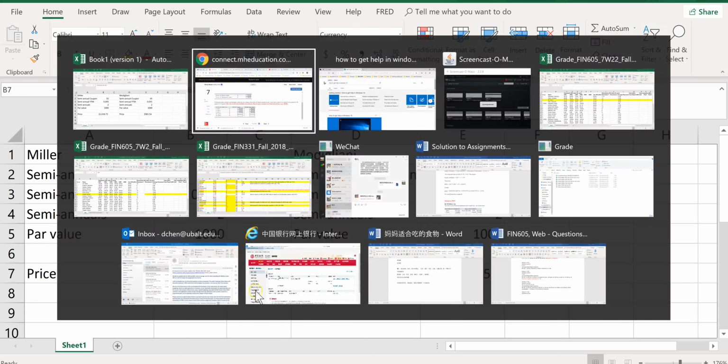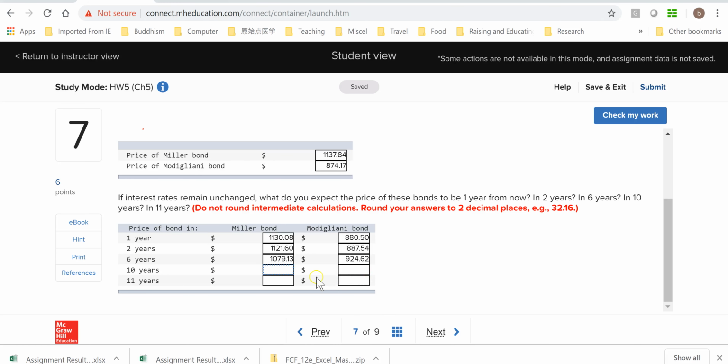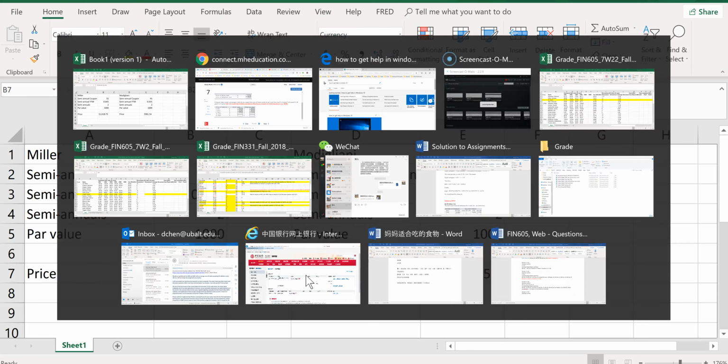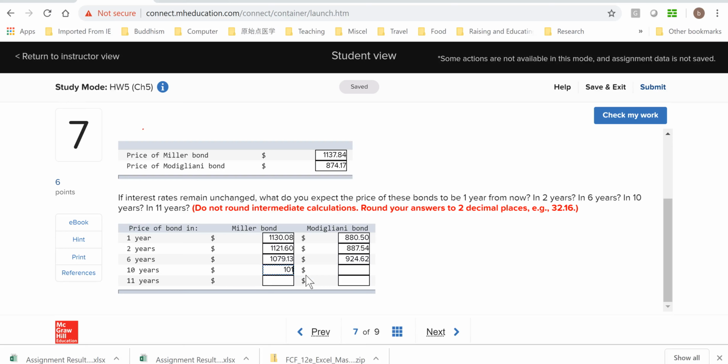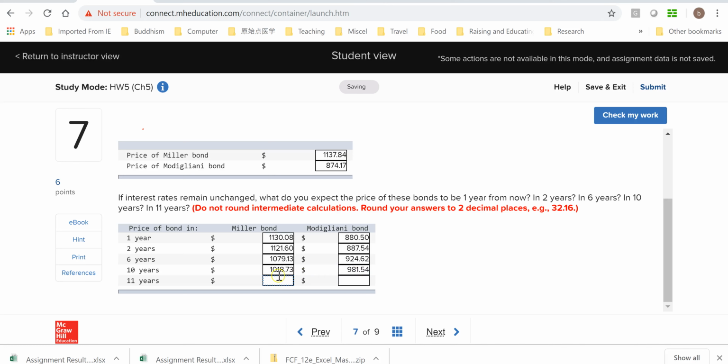So the prices are 981.54 for Miller, and 11.984 for the other.